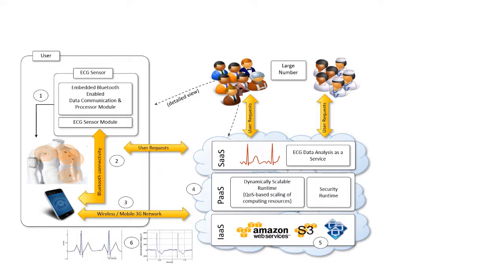Each of these jobs consists of a set of operations involving the extraction of waveforms from the heartbeat data, and comparison of the waveform with the reference waveform is done to detect anomalies. In case of anomalies, the doctor and first aid persons can be notified to act on a specific patient.